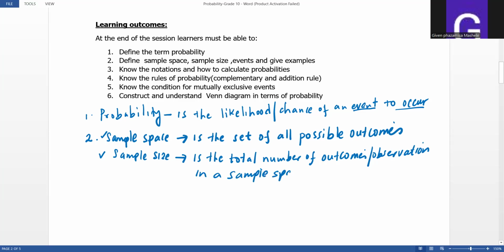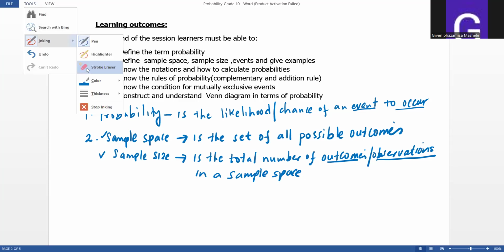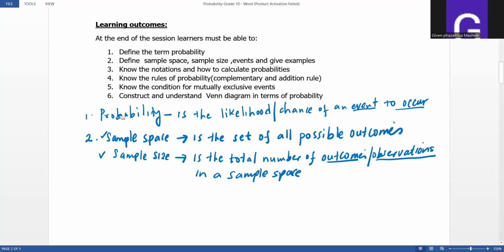So the total number of outcomes or observations in a sample space is regarded as the sample size. So you need to be able to familiarize yourself with these definitions. But I'll explain each one by an example.